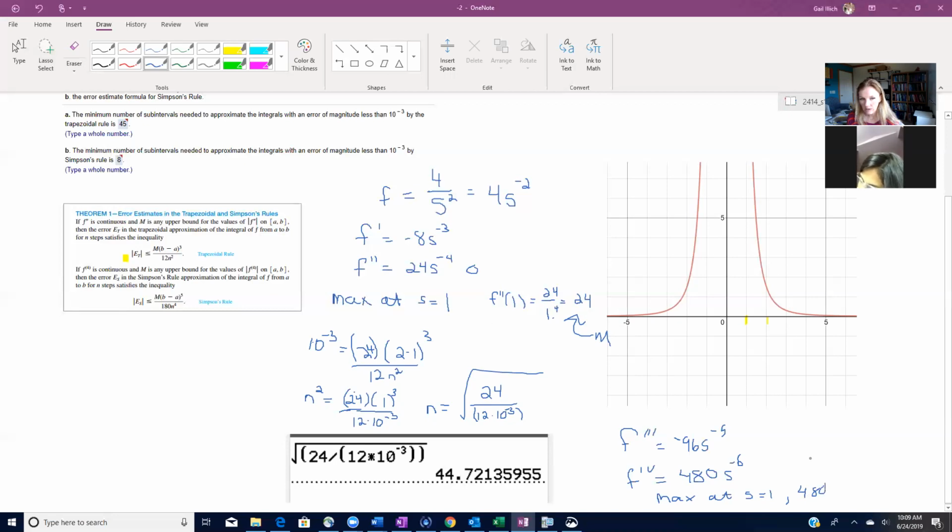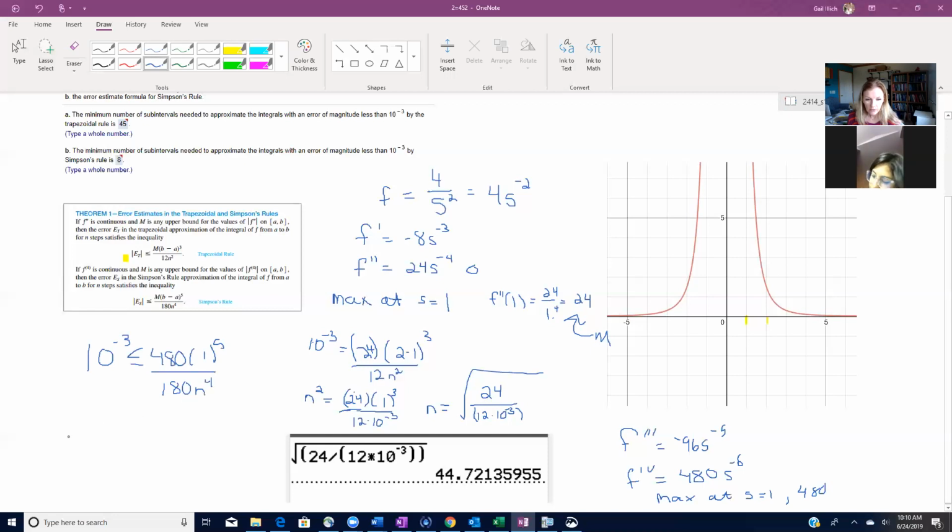So now your formula is a little bit different. You're going to do the error here. We also want it to be 10 to the negative 3, less than or equal to 480 times b minus a, which is still 2 minus 1, so that's just 1 to the 5th, divided by, now it's 180n to the 4th, right?